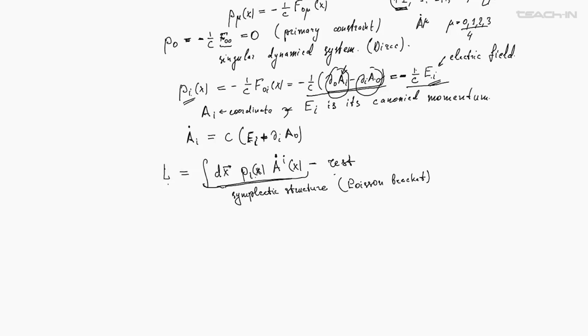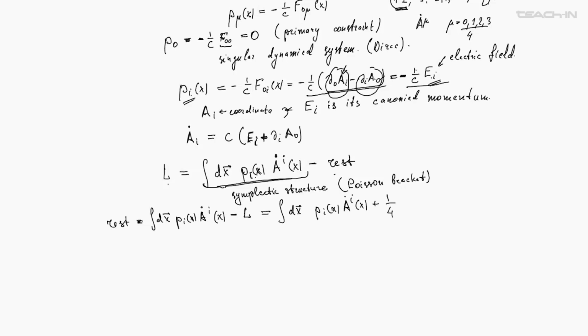So we understand then that the rest is given by integral dx pi on x ai dot on x minus the Lagrangian, right? Now we substitute: integral dx pi on x ai dot on x plus our Lagrangian, which is 1 over 4 integral dx, and I will write it in the following way.